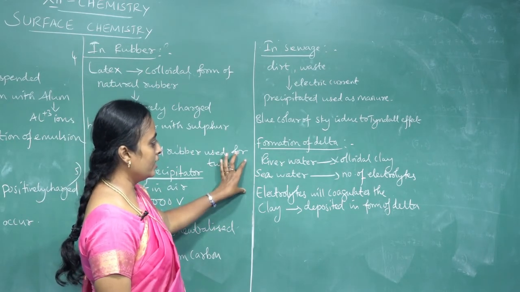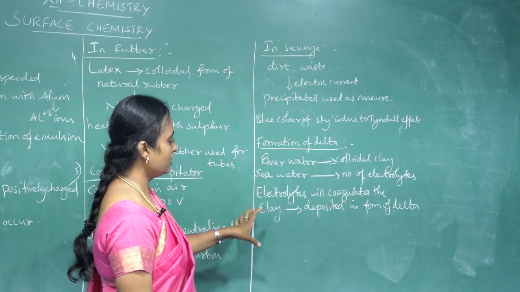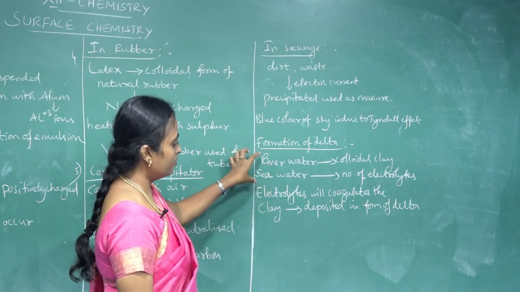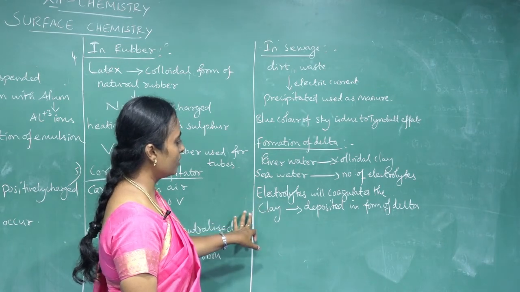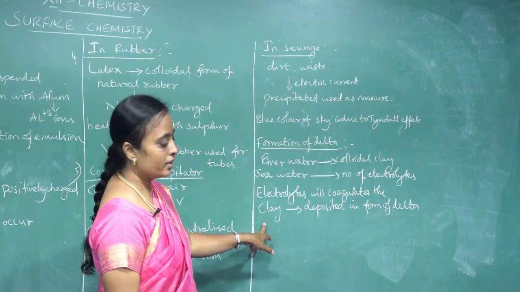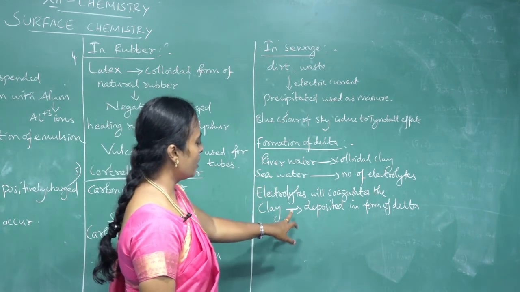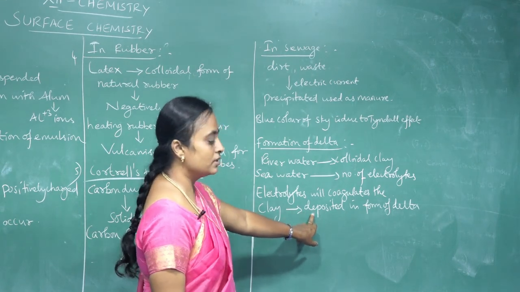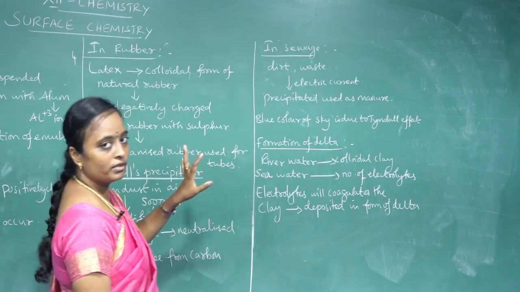So river water contains colloidal clay, whereas sea water contains electrolytes. Whenever these two waters mix, the electrolytes present in the sea water will coagulate the clay, and because of that coagulation it is deposited in the form of a delta. So this is called the formation of a delta.